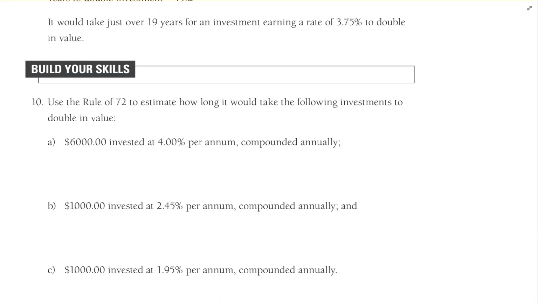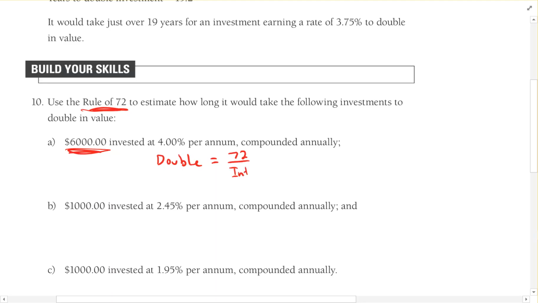Okay, to build your skills here, the only tricky part is that they give you more information than you necessarily need. It says use the rule of 72 to estimate how long it would take the following investments to double in value. So they give us these values, and we want to know how long it would take to double. That'd be tougher to do with the equation. But with the rule of 72, all we have to do is go on the formula sheet. It says double is equal to 72 divided by your interest rate as a percentage.